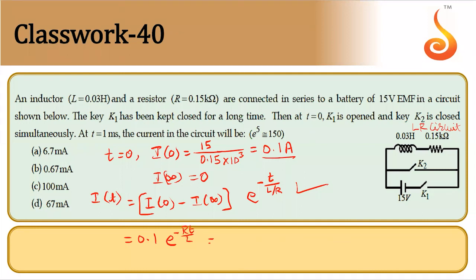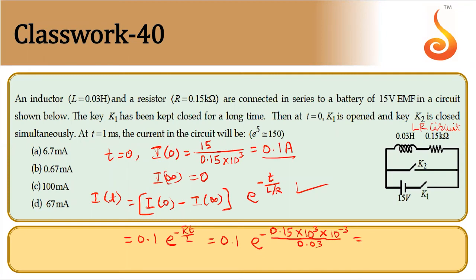So that is equal to 0.1 into e to the power minus R, where R is 0.15 kilo ohm. 0.15 kilo ohm means 150 ohm. Or I'll write it as 0.15 into 10 raised to 3 into t is 1 millisecond. So 10 power minus 3 divided by L is 0.03.